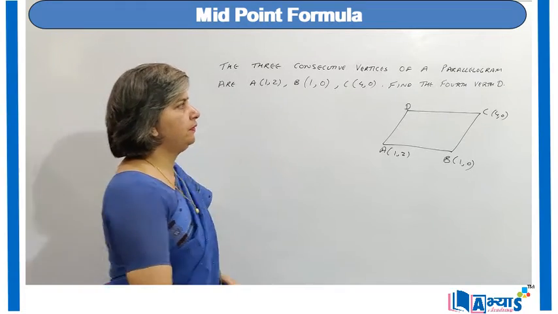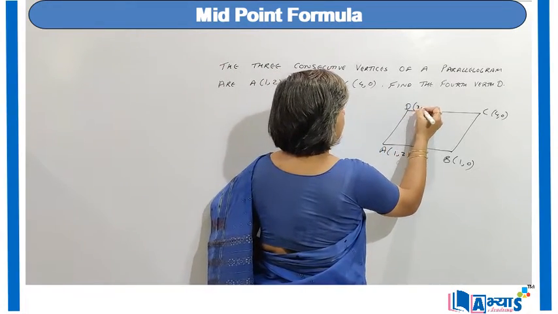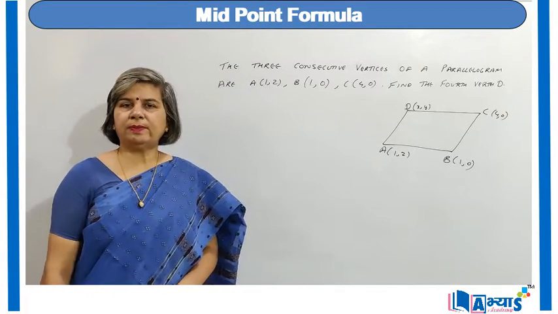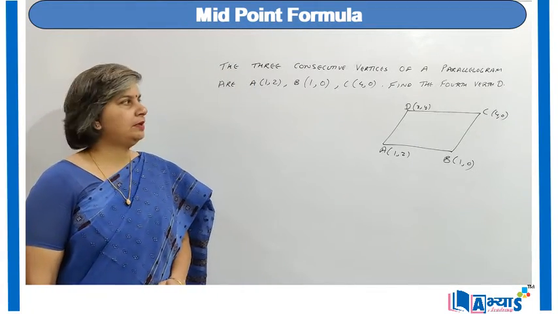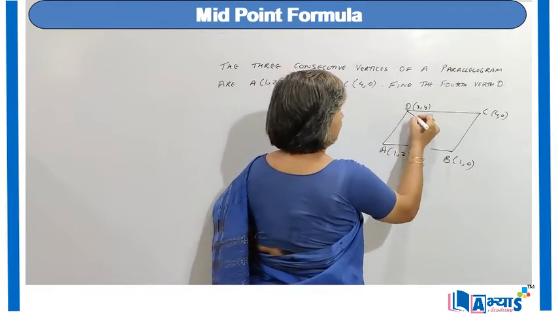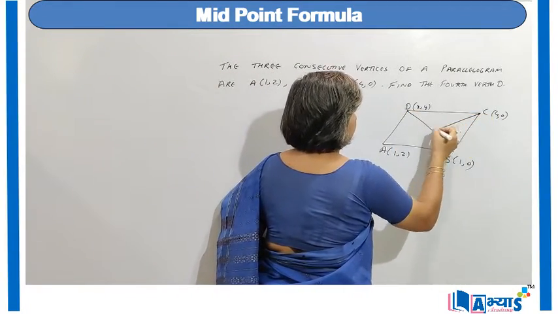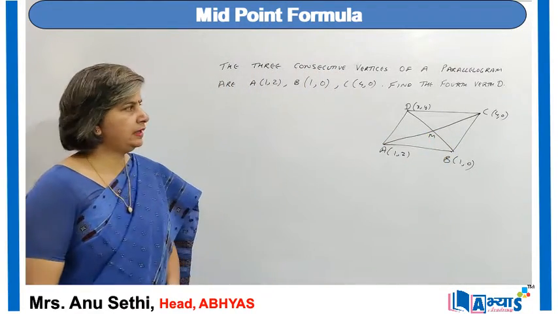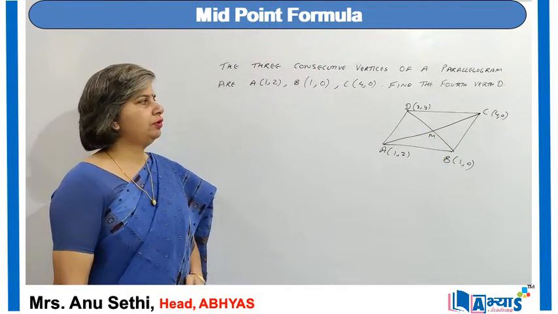So we will take the coordinates of D as x, y. Now we will use the concept that the diagonals of a parallelogram bisect each other. That means we will draw the diagonals of the parallelogram, that means BD and AC. Let them meet at M. So M is the midpoint of AC and M will be the midpoint of BD.